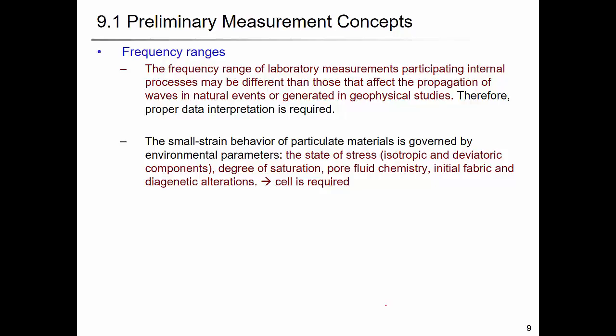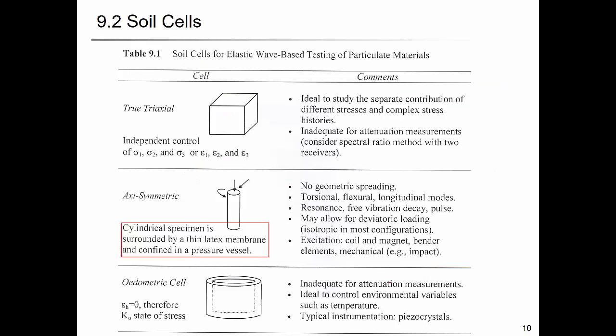Okay, so we can skip that part. So, and soil cell. When we design the column of the soil, we call it a cell, right? And we can use the true triaxial cell. So here you can apply three different principal stresses in the three different directions. Okay? So then this is more accurate to reflect the stress condition in the field.